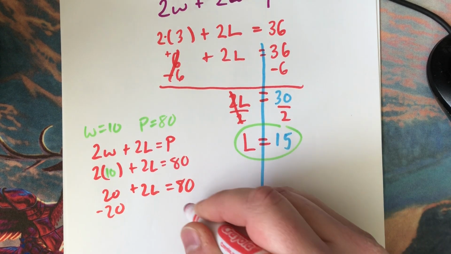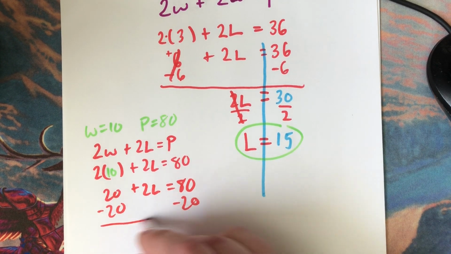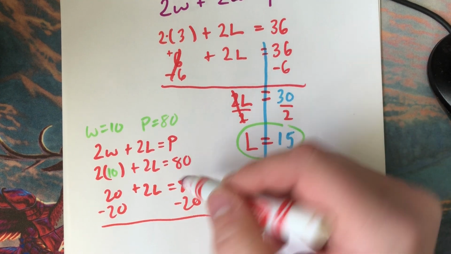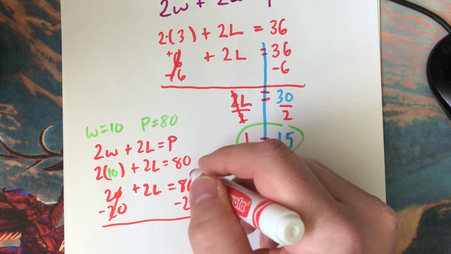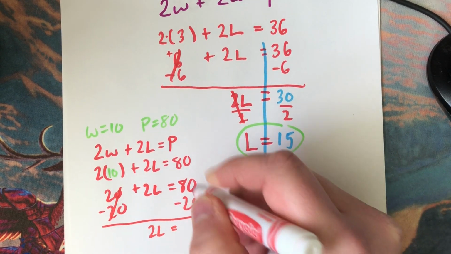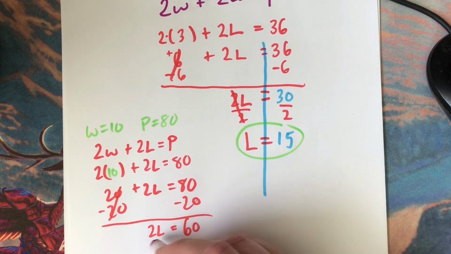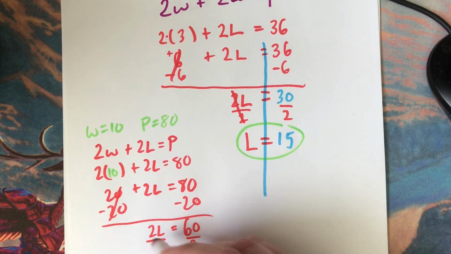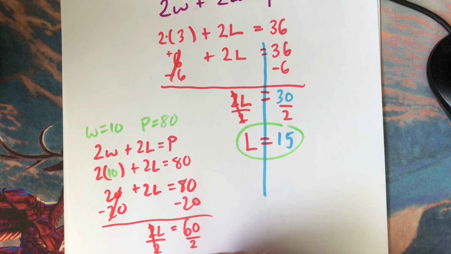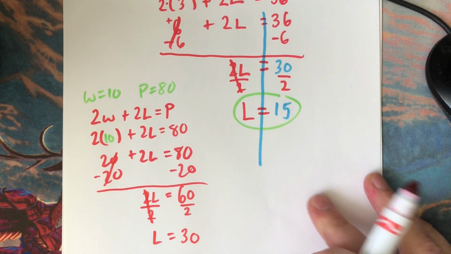Then we'll subtract the 20 from both sides. I'm going quickly through this because I'm not expecting you to actually do this work. I want you to see that it's exactly the same thing. So then 80 minus 20 gets us 60. Then we divide by 2, we get L is equal to 30.